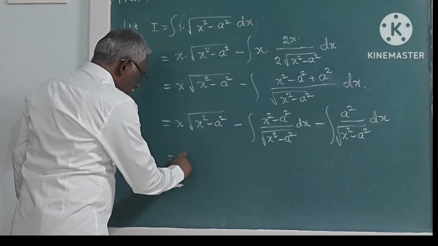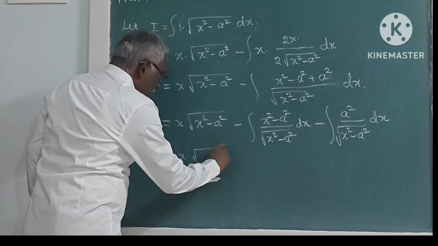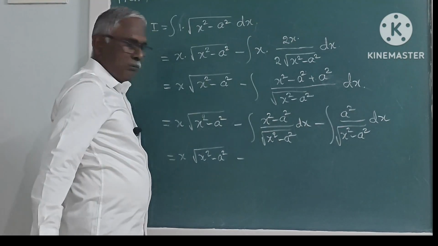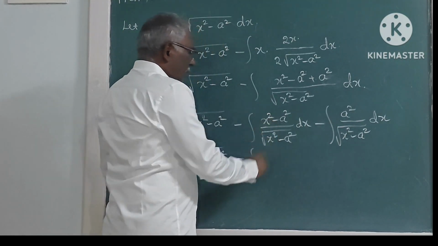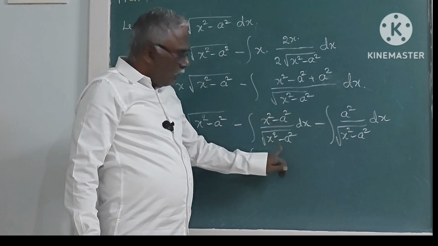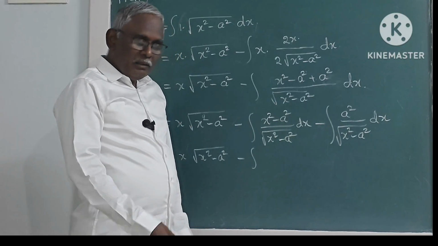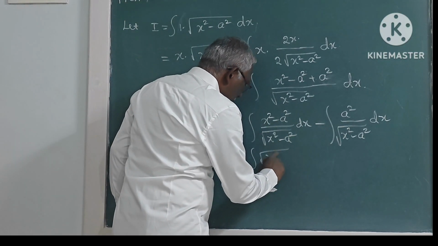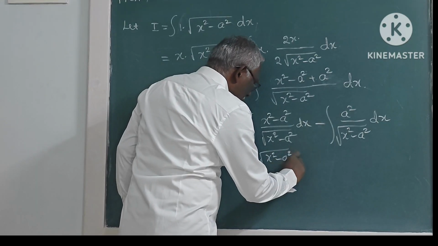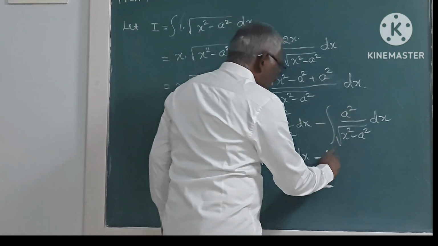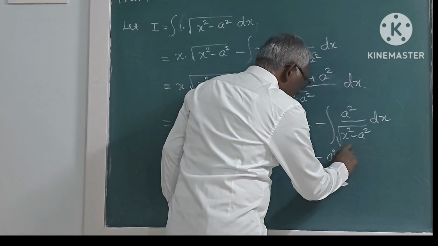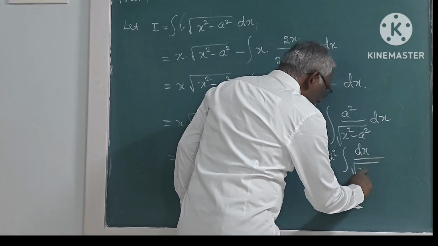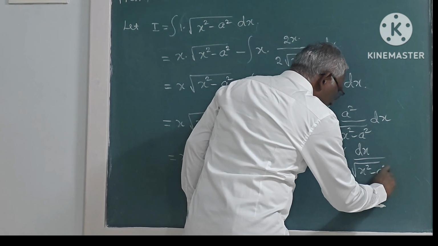So this gets simplified to x square minus a square minus this in the form of x by root x. X by root x means it will come root x, that is square root of x square minus a square dx, minus a square integral dx by square root of x square minus a square.